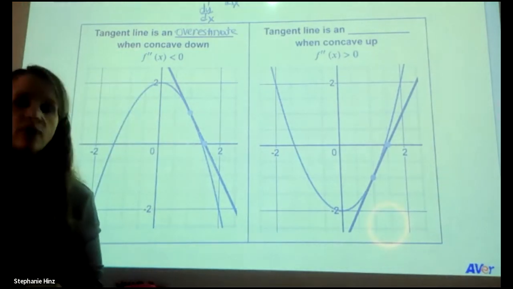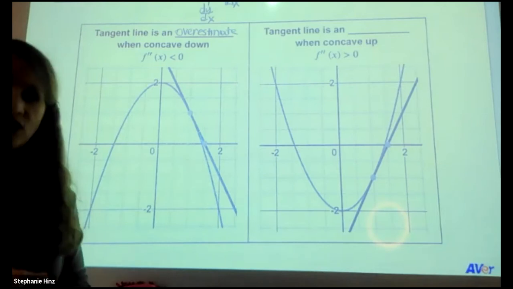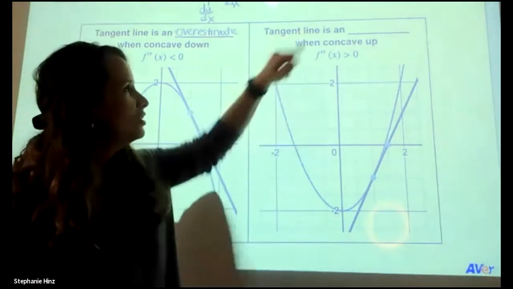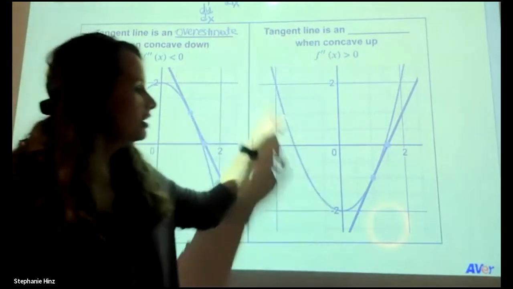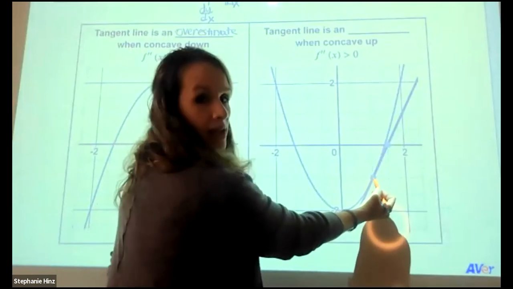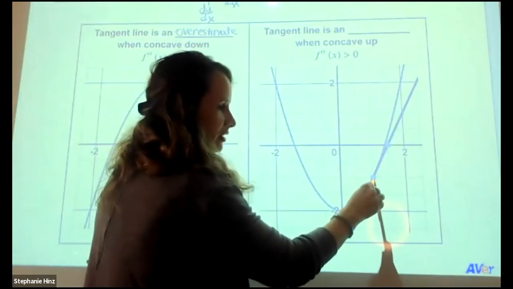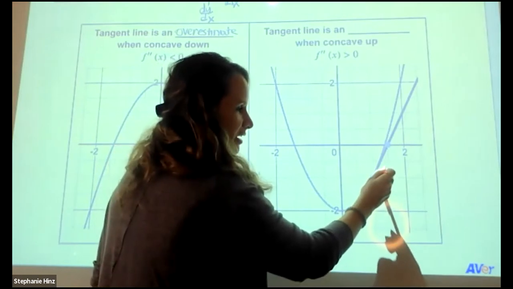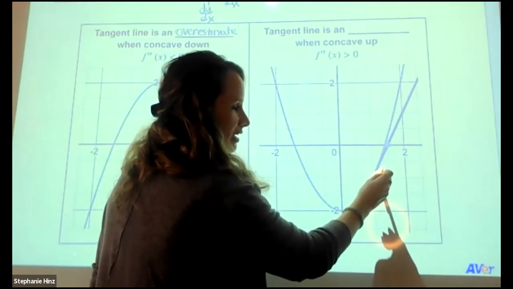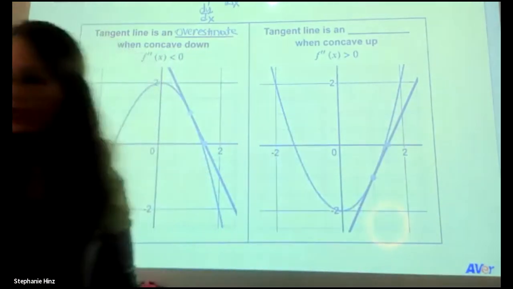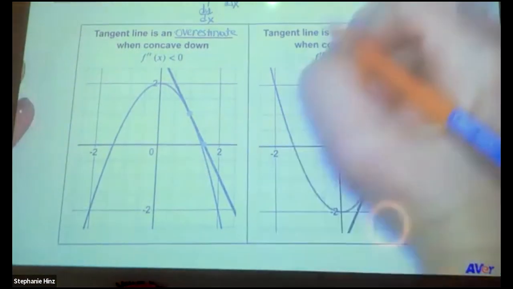And when you're using a tangent line, it has to do with the concavity. So the converse here, if we have a tangent line on a concave up function, if this is the point where you calculate your tangent line, then if you use that to calculate what the value is right here, that tangent line is going to be a smidge lower than our function. So that will be an underestimate.